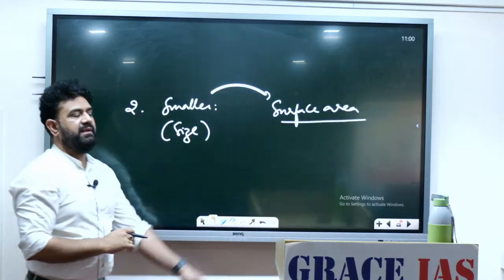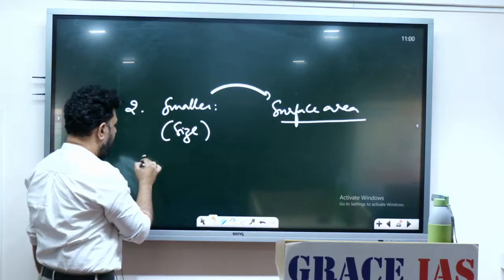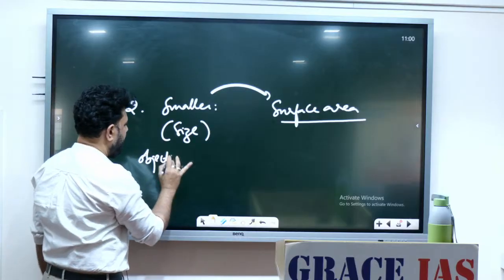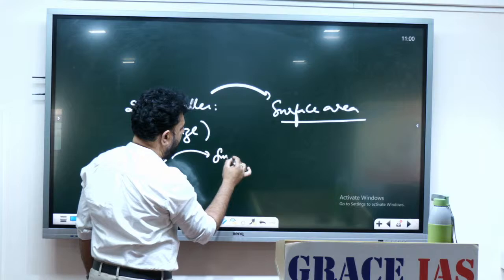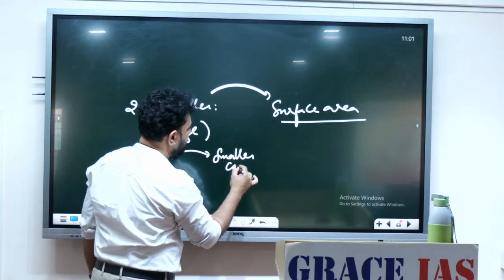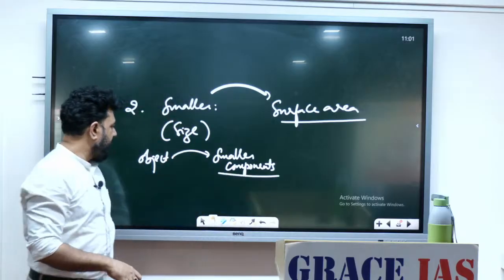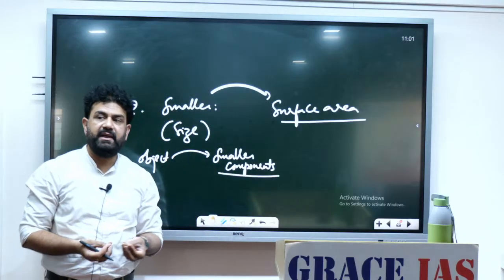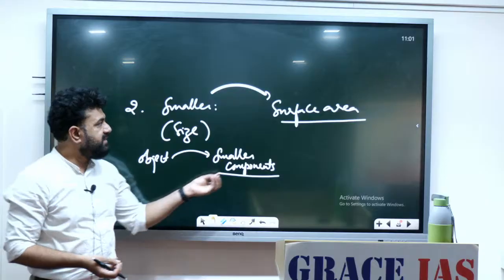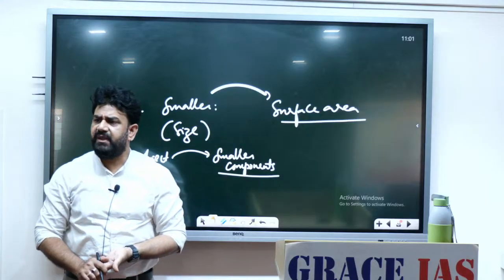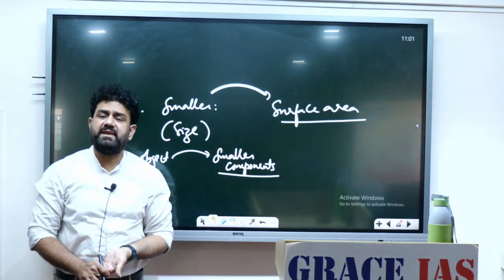Please understand this. If an object is converted into smaller components, it will have more surface area. So what will happen if there is more surface area?